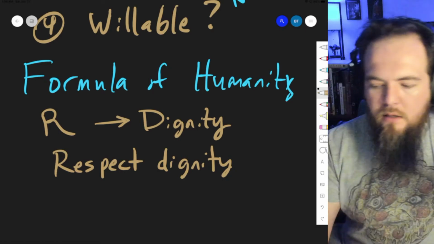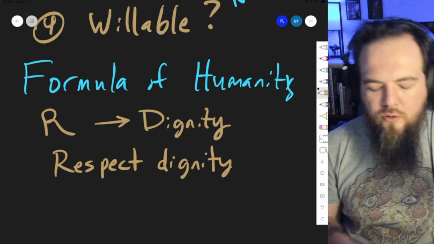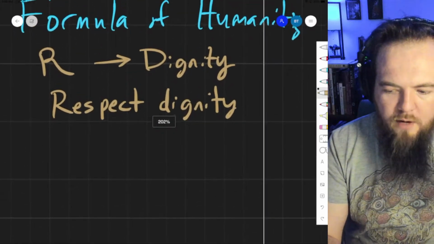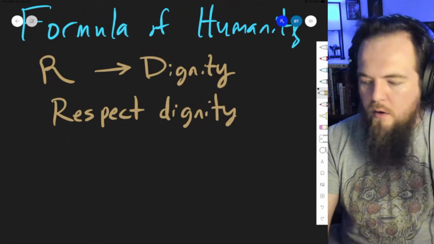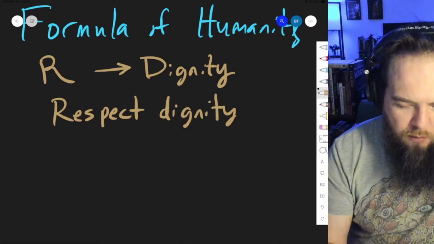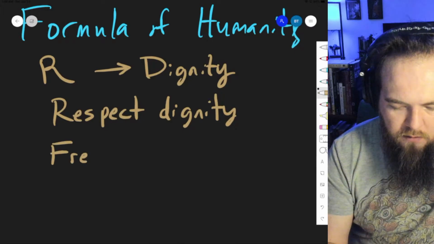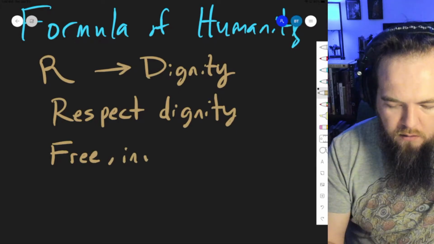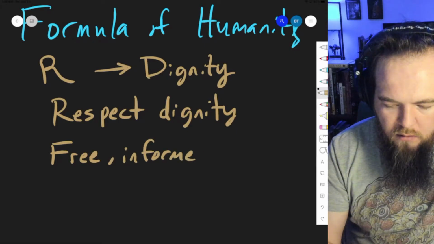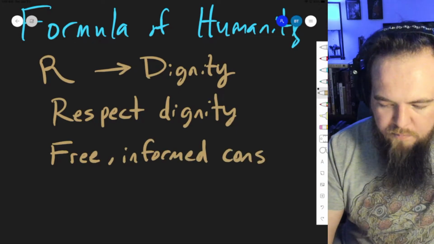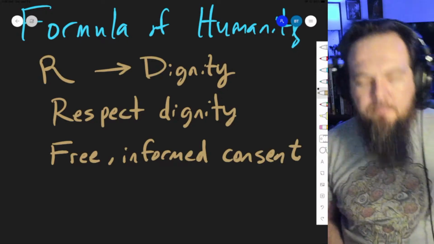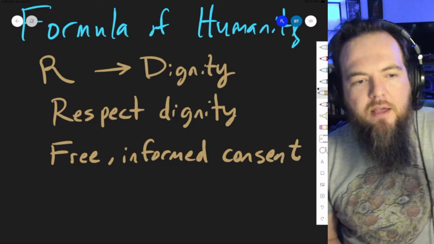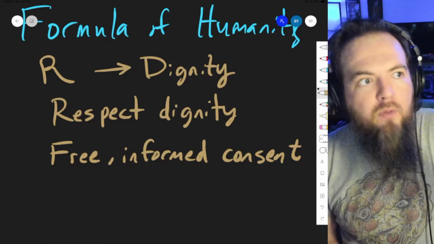And this is why consent is so crucial. So for medical ethics, one of the standards is freely given and informed consent, especially in medical procedures and things like medical research.